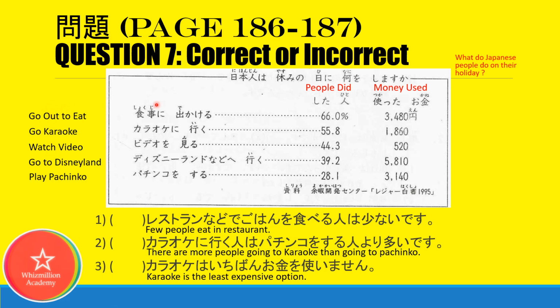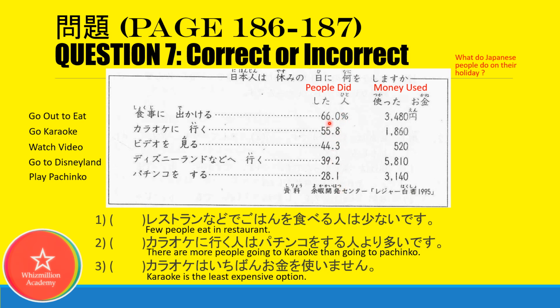Going out to eat, 食事に出かける. Going to karaoke, カラオケに行く. Watching videos, ビデオを見る. Going to Disneyland, Disneyland nado e iku. Playing pachinko o suru.